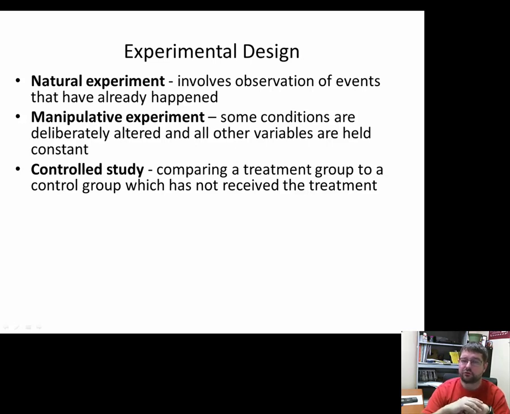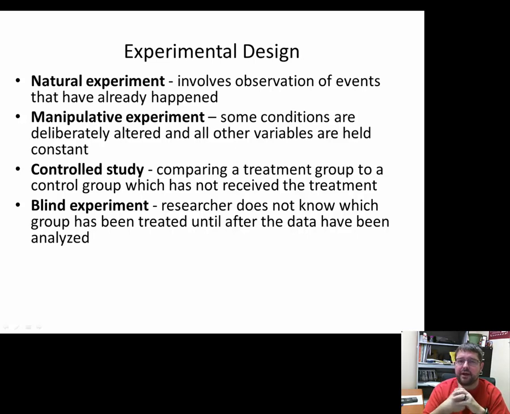These are controlled studies. These are very powerful studies because by limiting the amount of variables that can change and changing one variable at a time, you can get a much clearer picture of the effect of that single variable on the outcome.